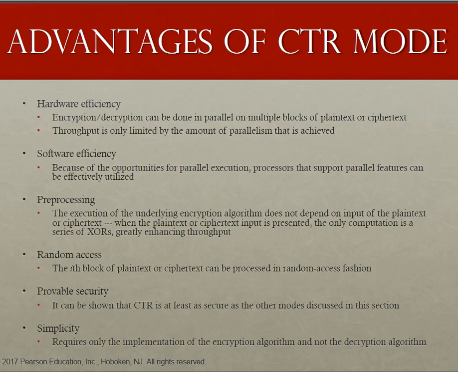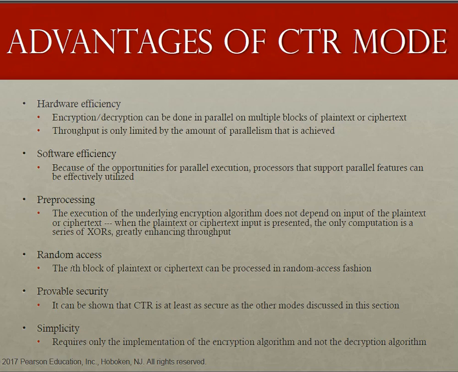When the plaintext or ciphertext input is presented, the only computation is a series of exclusive ORs. Such a strategy greatly enhances the throughput. That is very important, because of the parallel features.